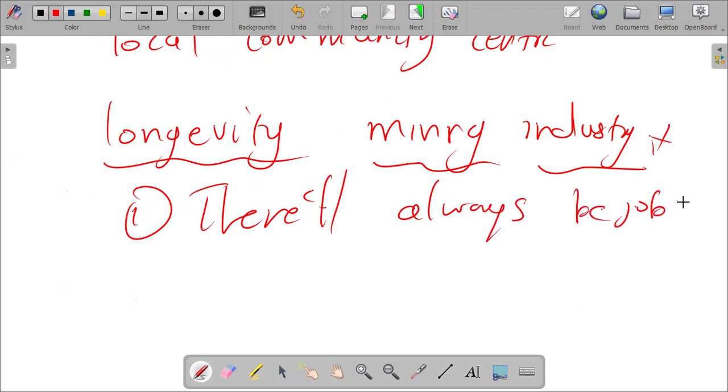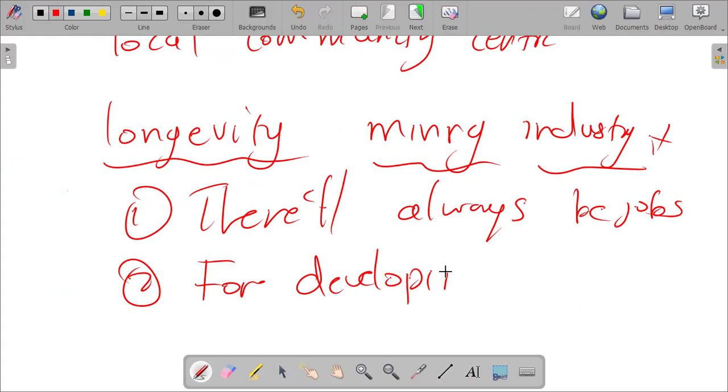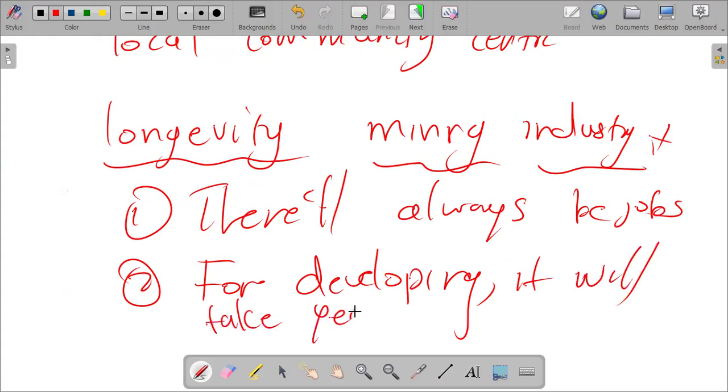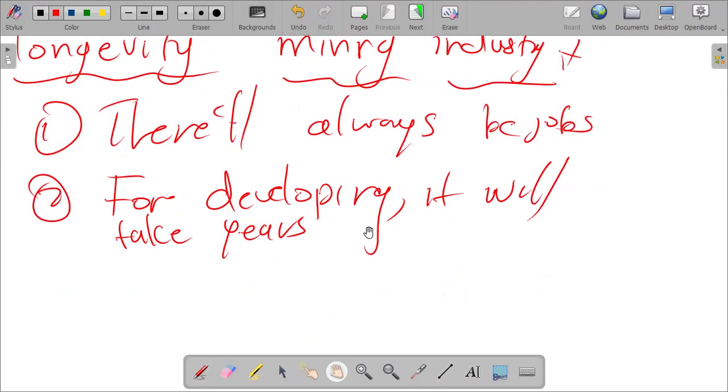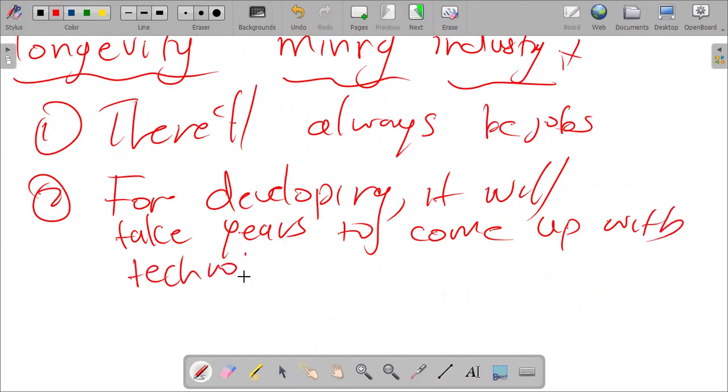And number two, for developing countries, it will take years to come up with technological advances to extract the gold.